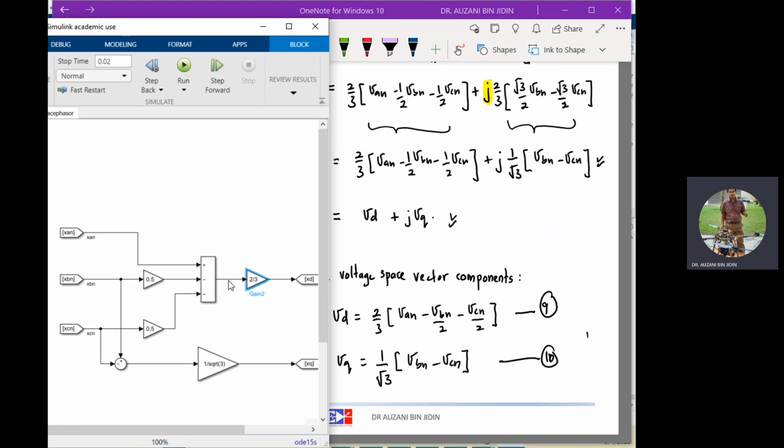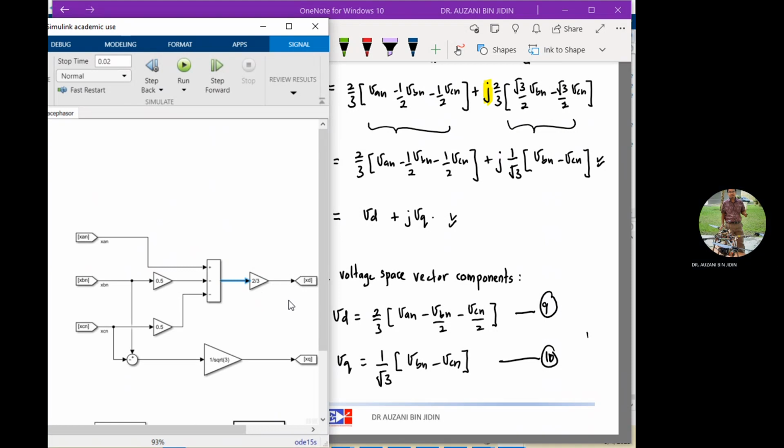The output of the add block is the bracket term of equation 9. Then you multiply by 2/3, and then you can plot VD here.